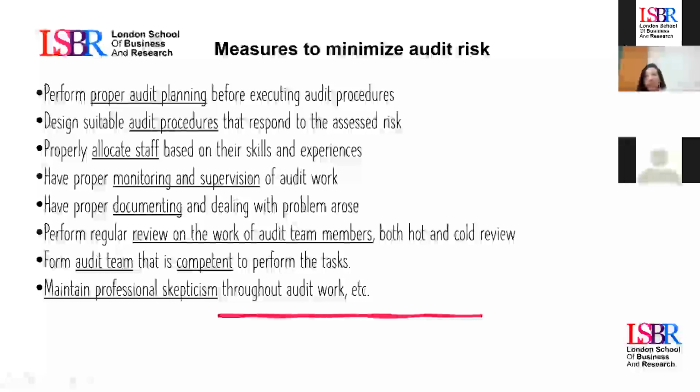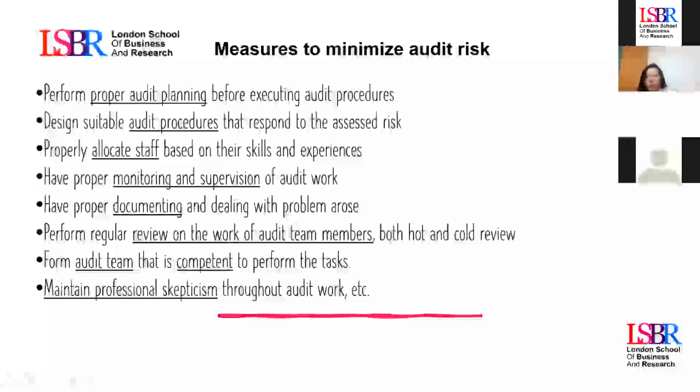Maybe if the company is very big, they need a very big audit team. Why? Because obviously the company has a lot of operations, and the audit team needs to be according to the size of the company. So this is another factor that could minimize the audit risk.